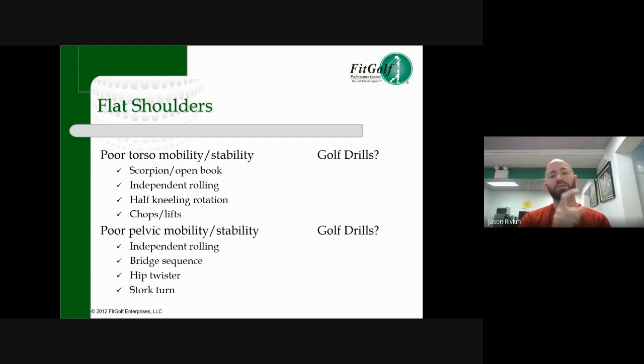If you want to learn more exercises, just let us know and we'll help you out and direct you to the right place where you can see videos and things like that. Somebody that has poor hip mobility, pelvis mobility, or strength could also suffer from flat shoulder playing. Okay, let's keep going. Let's get to the next fault.